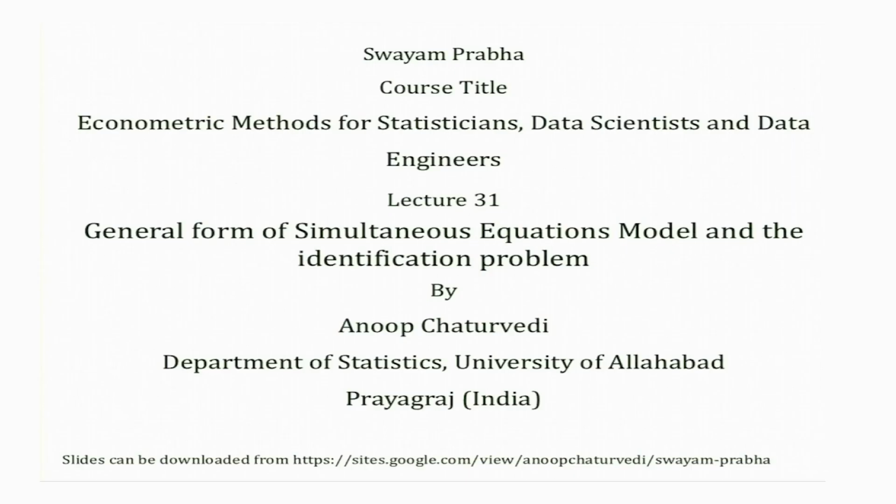Then, with the help of an example, we discussed three estimation procedures for estimating the parameters of the model: the instrumental variable estimation procedure, indirect least squares and two-stage least squares. In this lecture, we are going to introduce the general form of the simultaneous equations model.